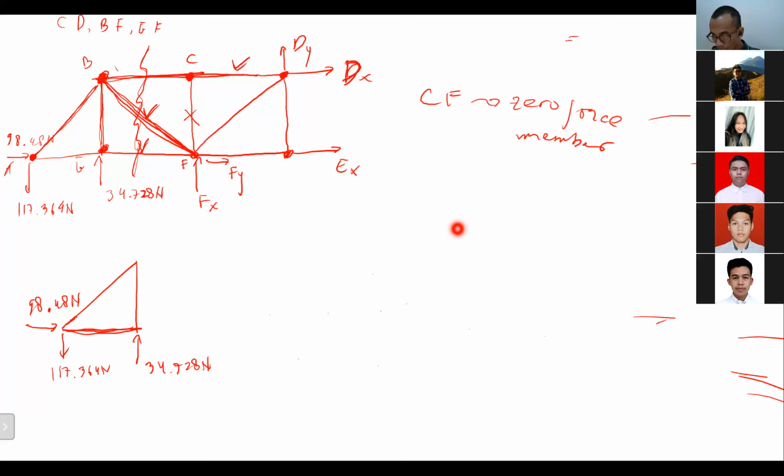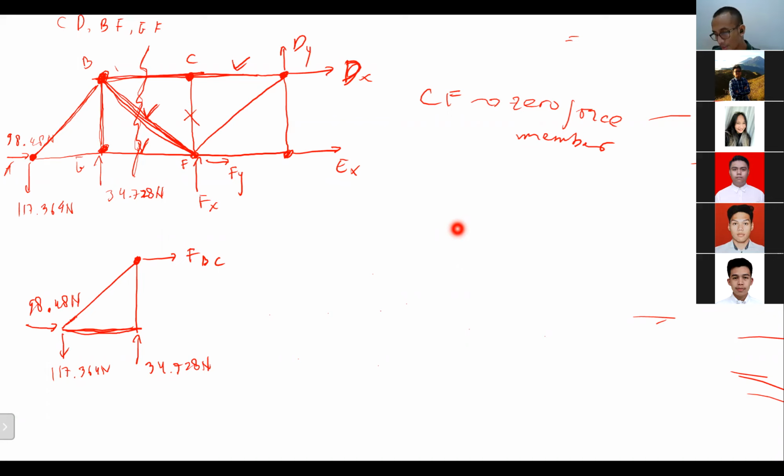if I want to assume BC, BF, and GF are all under tension, then the direction at joint B is supposed to be going to the right or to the left for BC? To the right, sir. To the right, right. So this is FBC. And then for FBF, it's the same.